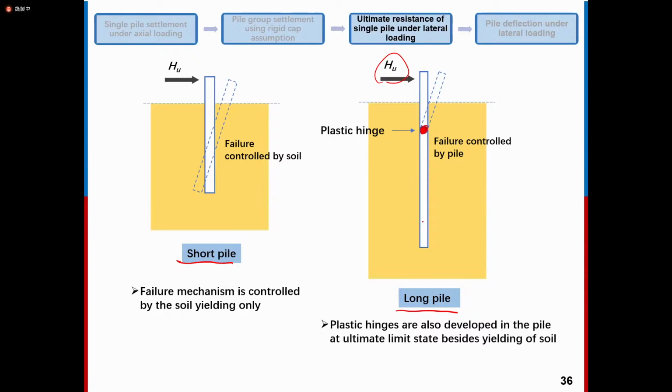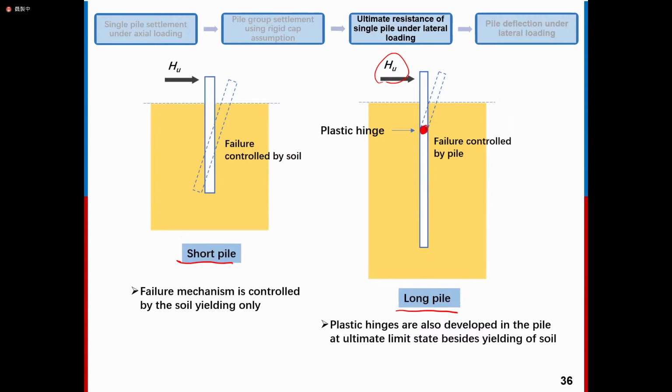So for the long pile, the failure is controlled by the pile body itself. And for the short pile, because the pile itself is rigid, the failure is controlled by the soil.